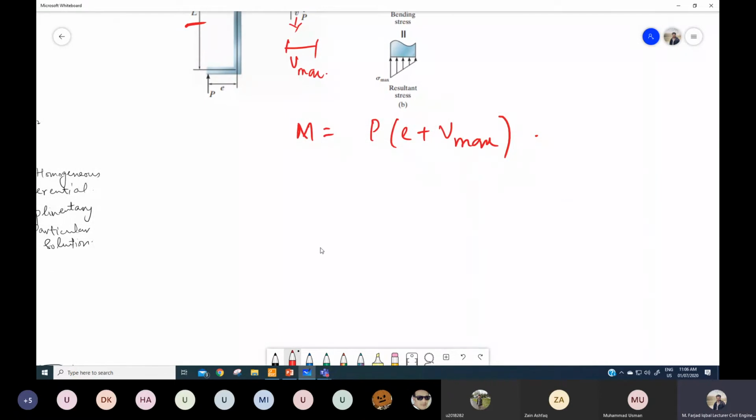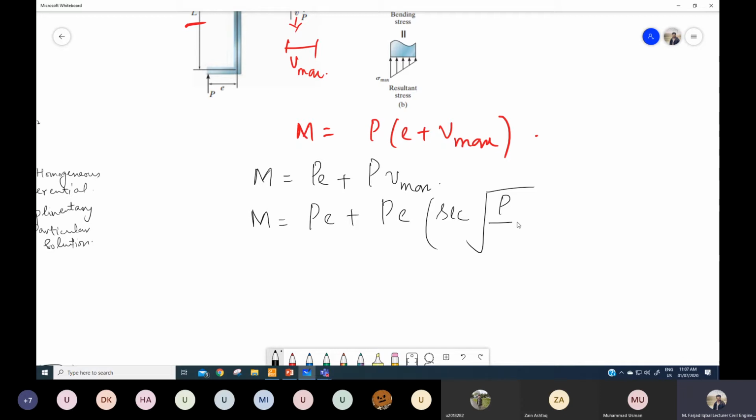Just as I have shown you the relationship for maximum deflection which we derived in the last class, if I substitute that relationship into this equation, it becomes M is equal to PE plus P into V maximum. So M is equal to PE plus P into E times secant of root P over EI, L over 2, minus 1.